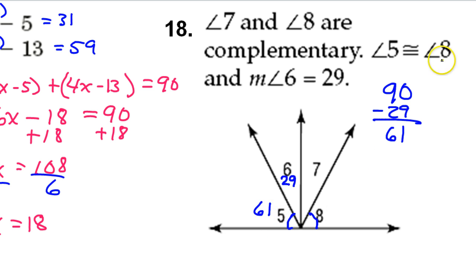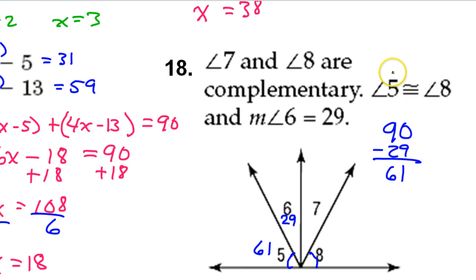And angle 5 and angle 8, maybe I can just put these answers right here. So the measure of angle 5 was 61. So obviously the measure of angle 8 is also 61, because they are congruent.